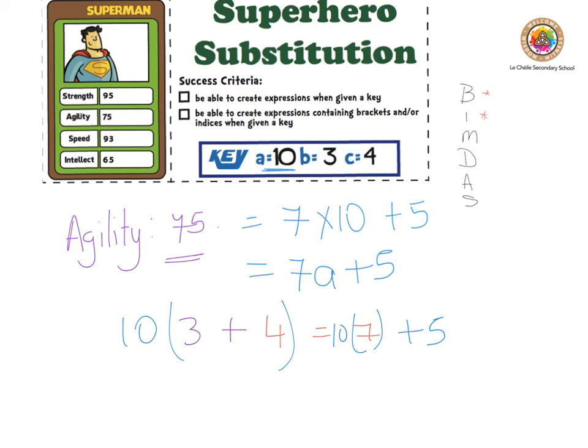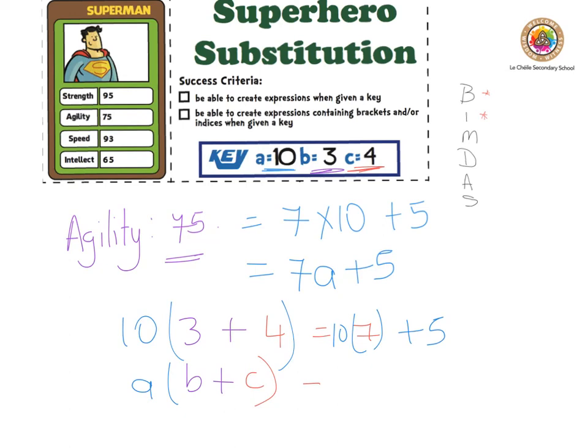So what would I write here? Well, instead of 10, I could write in A. And instead of 3, I could write in B. And I'd have my plus sign. And instead of 4, I could write in C. So A times B plus C. And now what am I forgetting here?